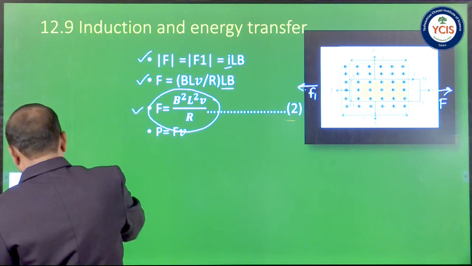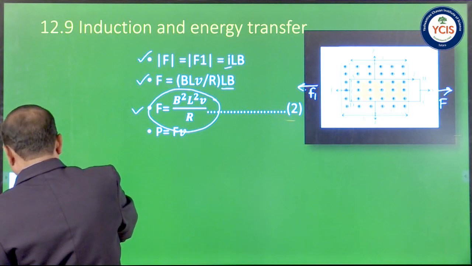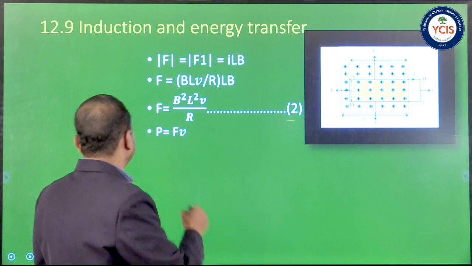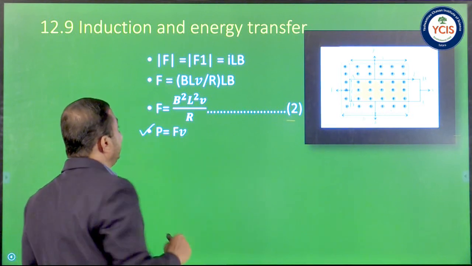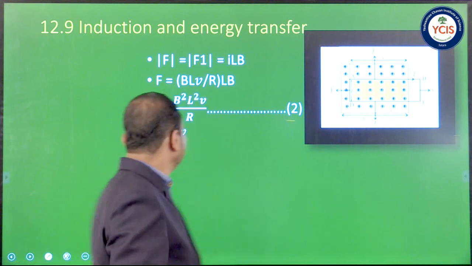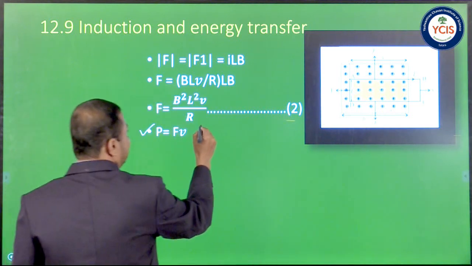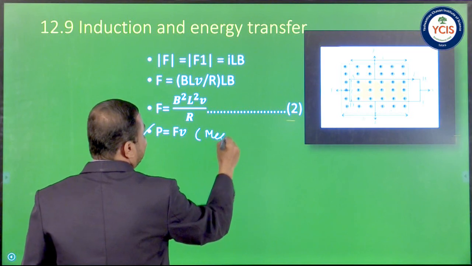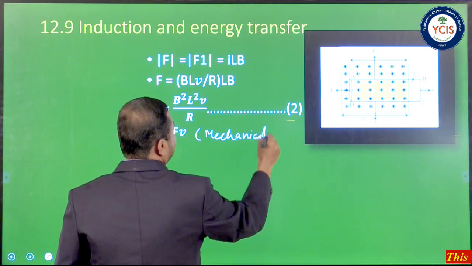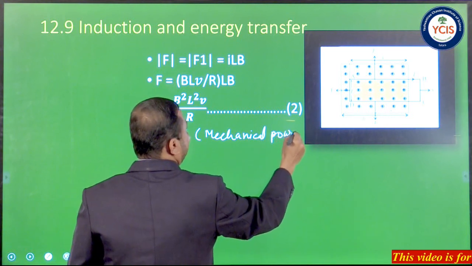Now the mechanical power to keep this motion: by the definition of power, P equals F into v, where v is velocity. So mechanical power is given by F into v.